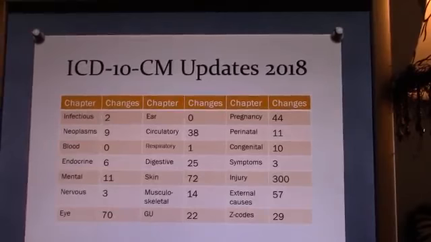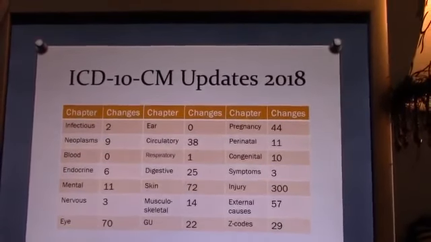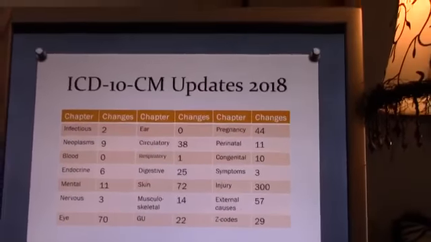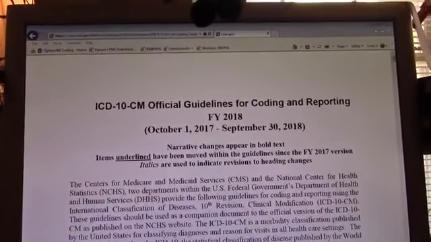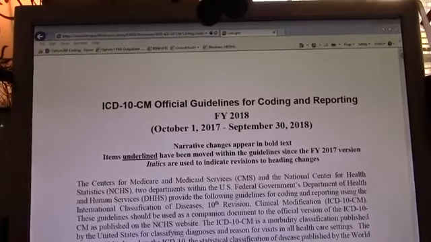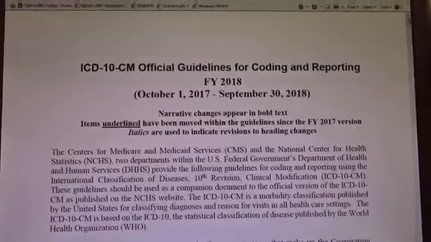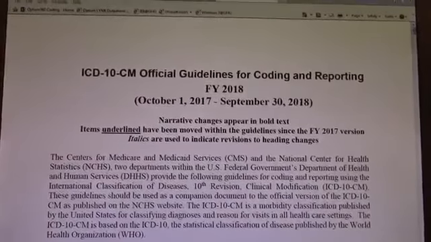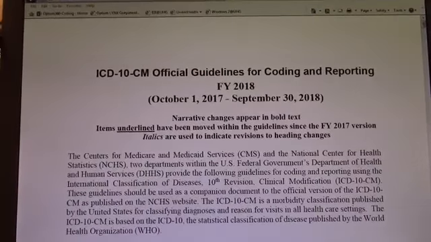Okay, guys? So hopefully by now, after reviewing my previous video that talked about the coding updates, you've had a chance to pull up the ICD-10-CM official coding guidelines for fiscal year 2018. Now remember, these codes go into effect on October 1 because ICD-10-CM starts October 1 of each year and goes through September 30th of the following year.